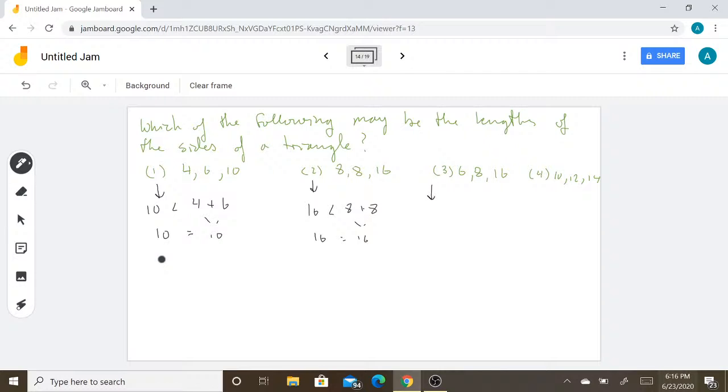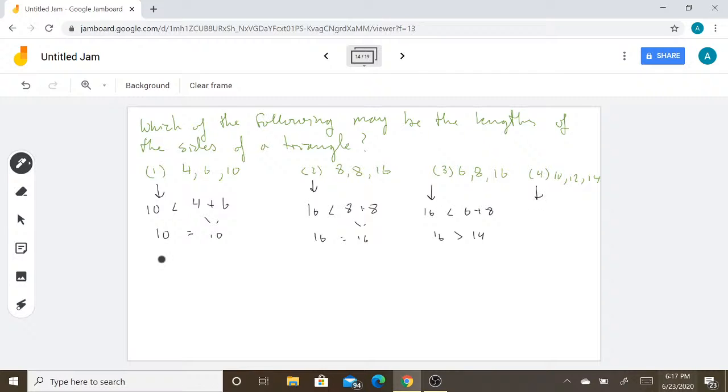For this one, 16 is less than 6 plus 8. Well, 6 plus 8 is 14, and 16 is greater than 14, so this is also incorrect because we're trying to find sides that are less than the sum of the other two sides, not greater.